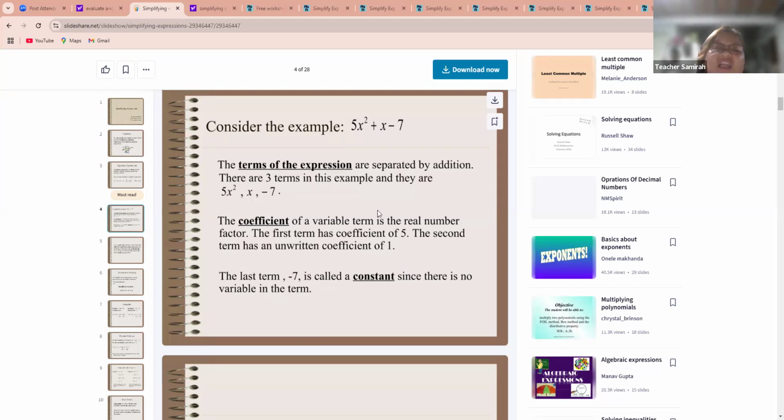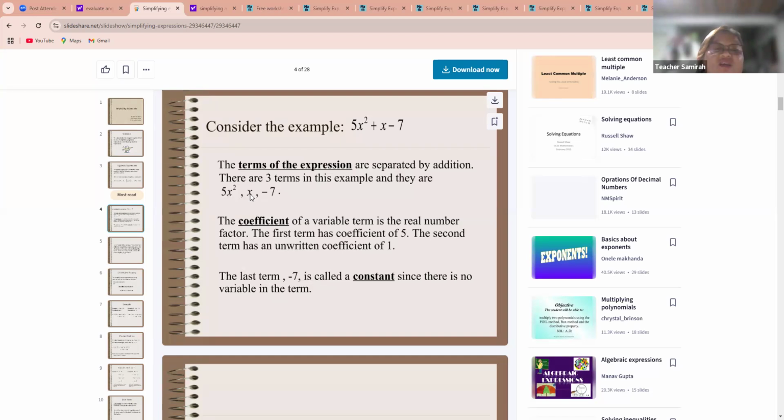We only write the negative sign. So the coefficient of a variable term is the real number factor. So 5 here is our coefficient. This is the first term which has a coefficient of 5.